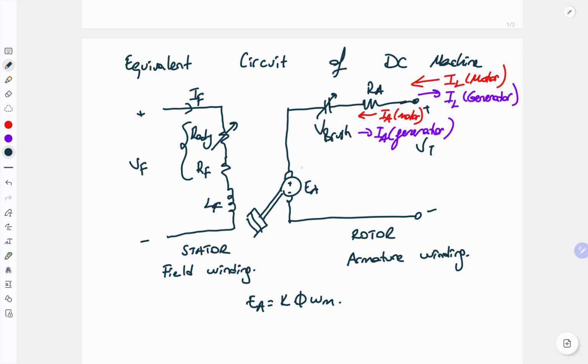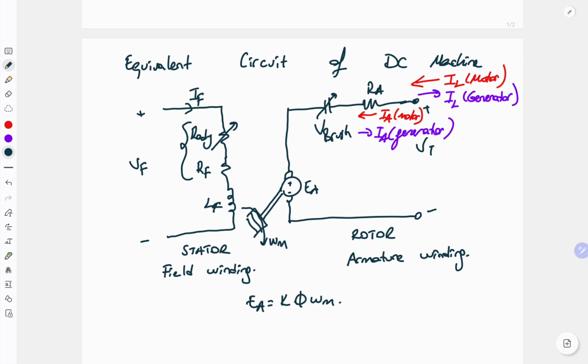So the shaft in the equivalent circuit should be connected to EA, and according to our operation, WM can be taken or can be applied from this point. This is the general equivalent circuit.